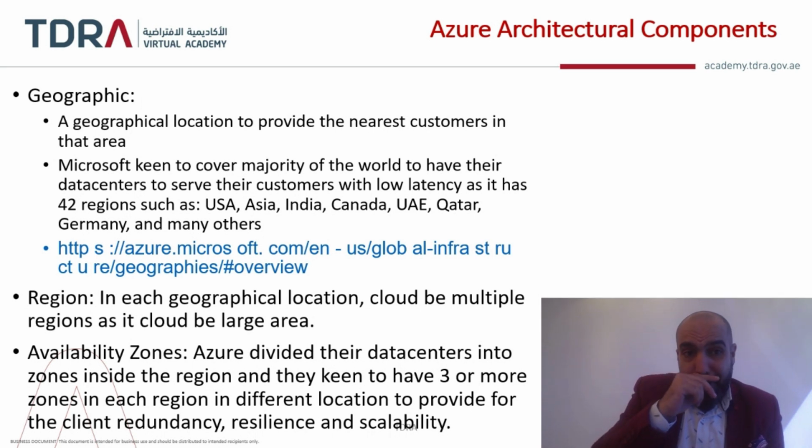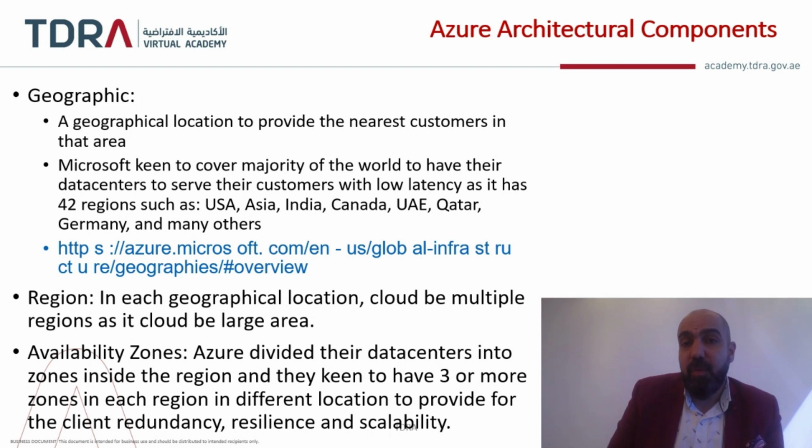So we can see that Azure has covered 42 regions, and we will see the picture of the regions. For any details, you can visit this link. So what is a region? In each geographical location, there could be multiple regions if it's a larger area. For example, here in the UAE, it's called one region.